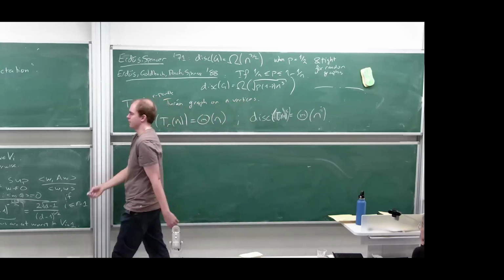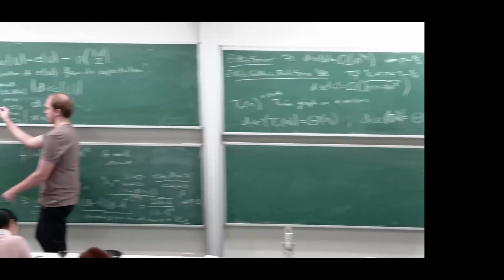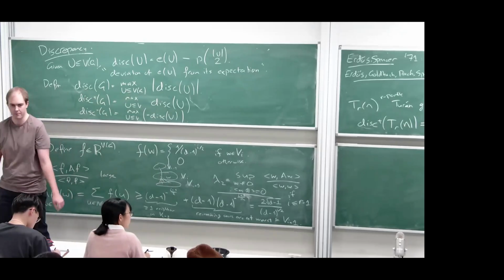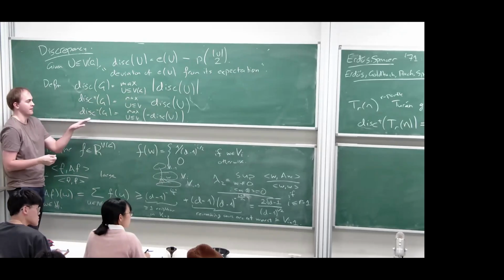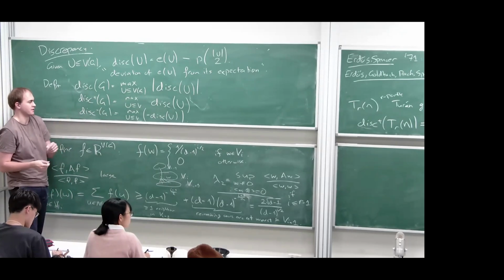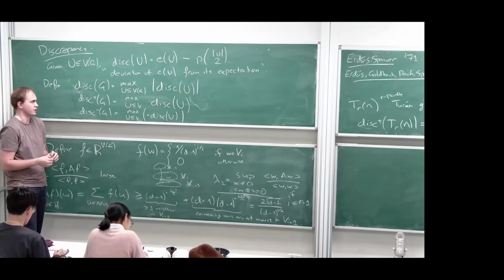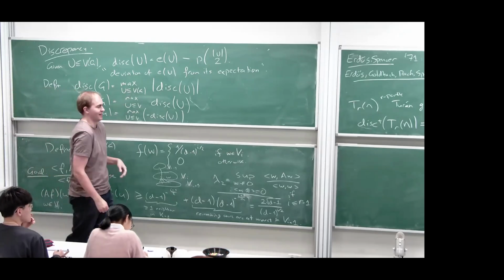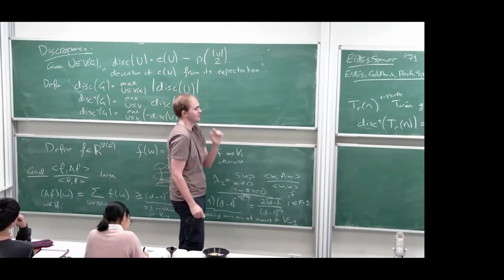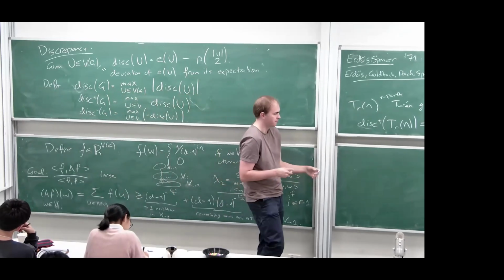There is a clear symmetry between positive and negative discrepancy when passing to complements. The negative discrepancy of G complement is just the positive discrepancy of G, by plugging in the complementary relation in these formulas.